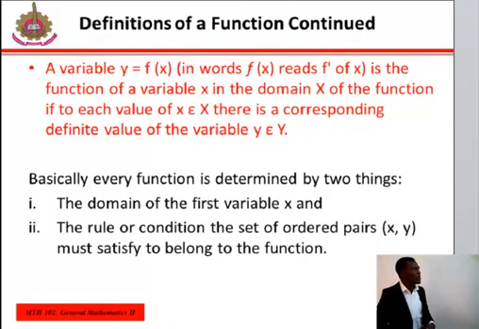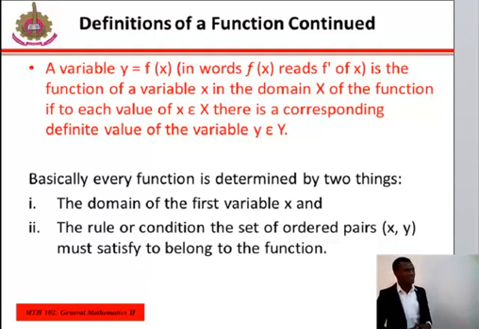Also, the variable y equals f of x. In words, f of x reads: f is a function of x, and y is a function of the variable x in the domain X of the function if to each value of x as a subset of X there is a corresponding definite value of the variable y as a subset of Y. Basically, every function is determined by two things: 1.